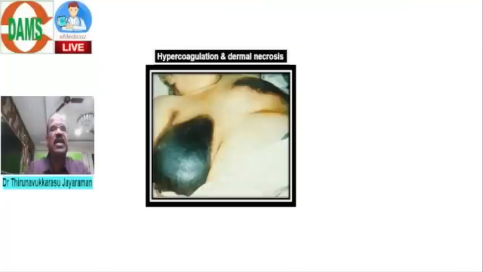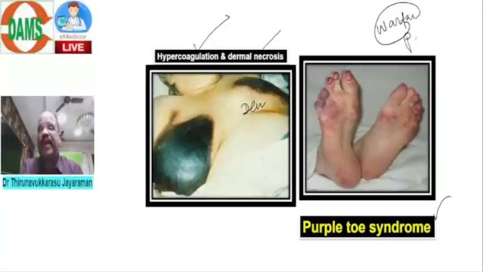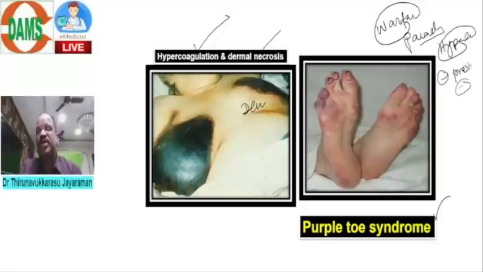This may cause hypercoagulation causing dermal necrosis, and also in the toes, purple color toes, ischemic toes, they call purple toe syndrome. Solution: warfarin may paradoxically cause hypercoagulation, that is because of inhibition of protein C. So this is a question asked. All this we discuss in DVT, in the regular classroom session.